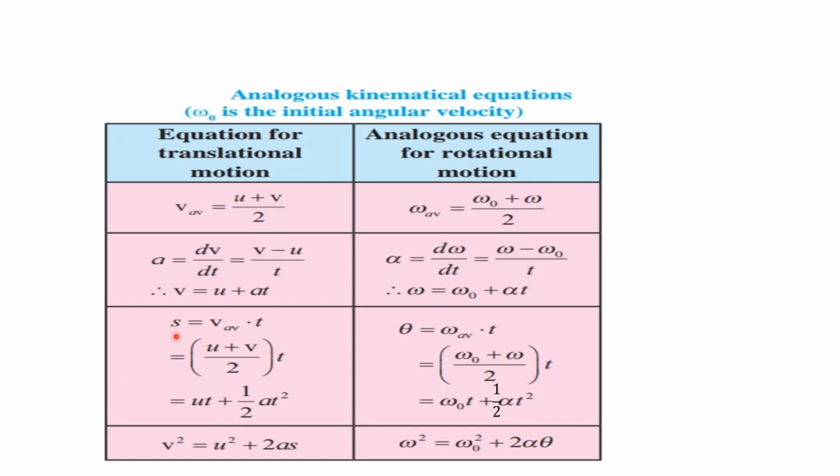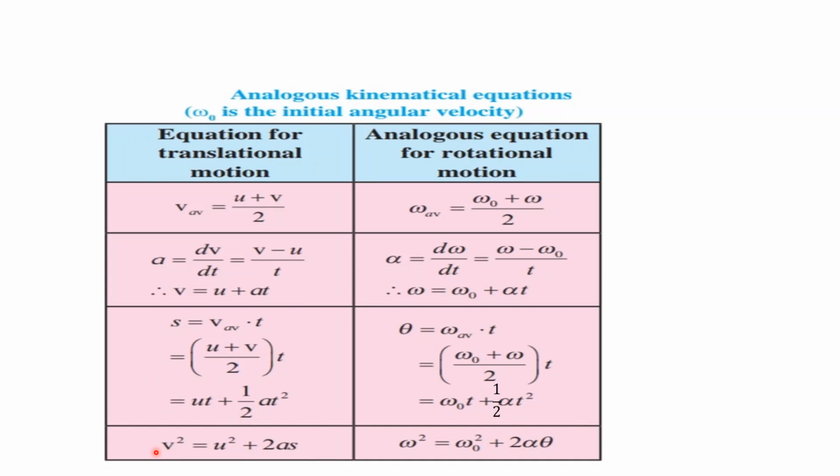Linear displacement is equal to v average into t, or ut plus half at square. The angular displacement is equal to average angular velocity into t, or omega naught t plus half alpha t square. Here alpha is the angular acceleration.